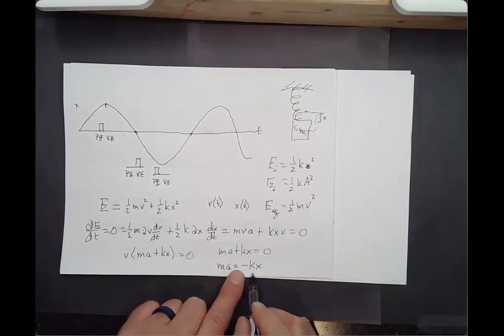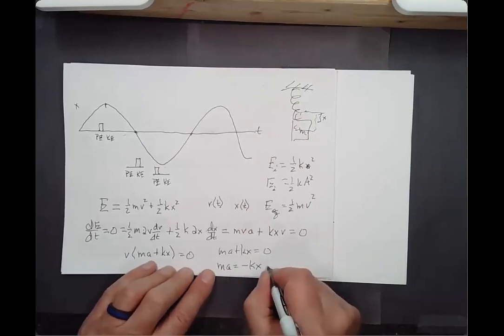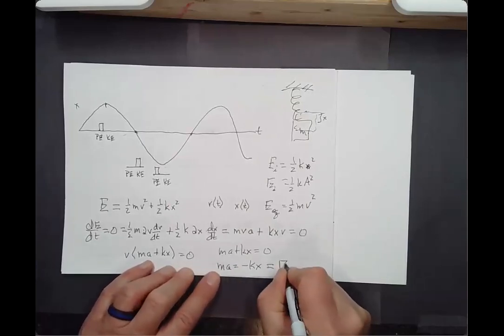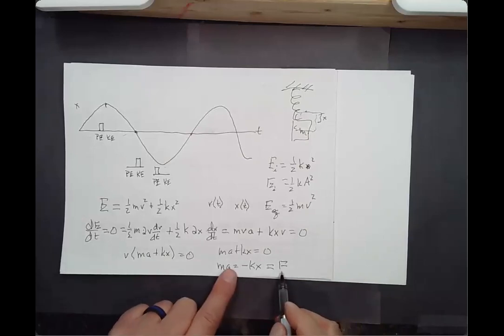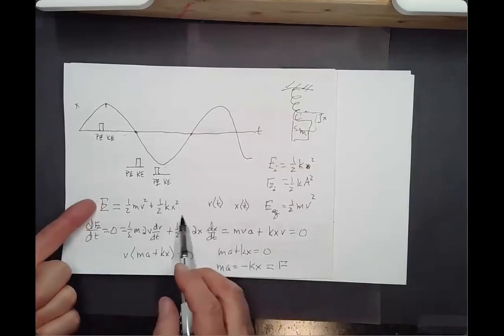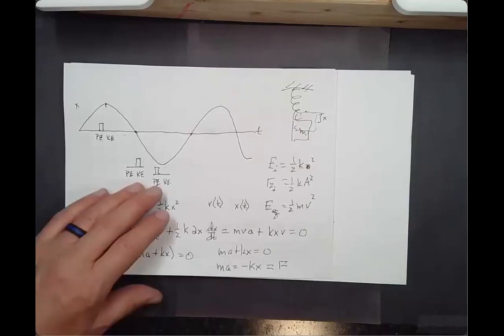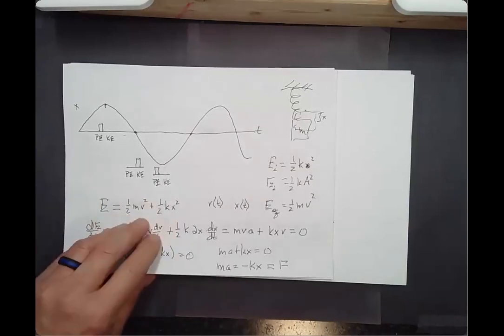That's the expression for the spring force. It's minus kx, and ma is the net force that's acting on something. So this ends up giving us Newton's second law for the spring situation by taking a derivative of this thing. Kind of an abstract thing to be doing, but that's okay. It's harmless enough. That's one of the example problems that I usually use for the second day of this thing.